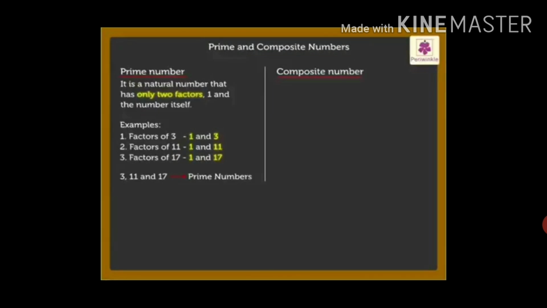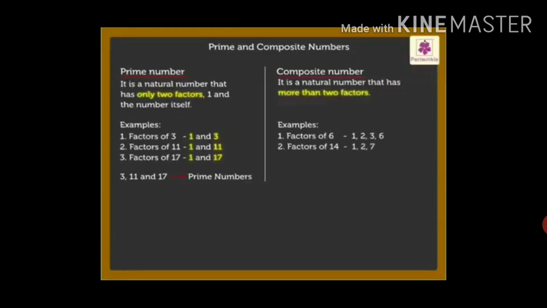A composite number is a natural number that has more than two factors. Look at these examples. The factors of 6 are 1, 2, 3, and 6. The factors of 14 are 1, 2, 7, and 14.